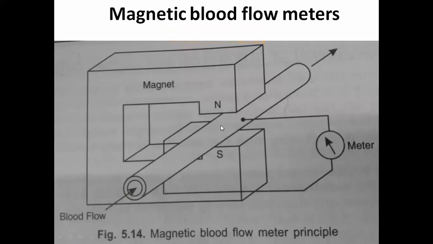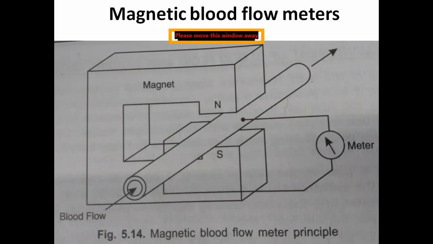For this vessel we will have contacts on the other sides of the vessel, and this vessel is placed between the magnetic field. We can use a permanent magnet or an electromagnet. So we place a blood vessel having a flow of blood in between the magnetic field.